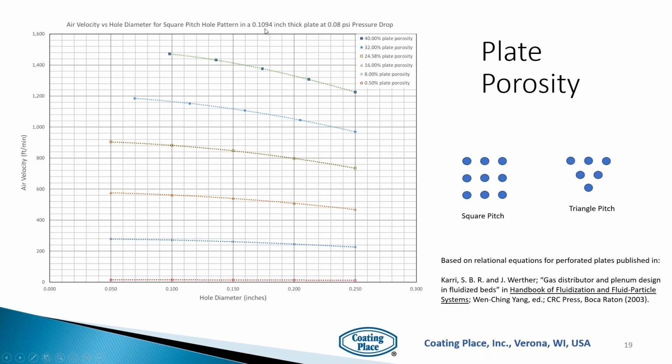The thickness of the plate is 12 gauge, about 0.1094 inches, and the pressure drop through the plate is 0.08 psi. But it's interesting to see how the size of the hole used to make the plate, even though you have the same amount of porosity, influences what you actually get for velocity. And so those are factors. If you really want to tune something up, they can be an important part of this.